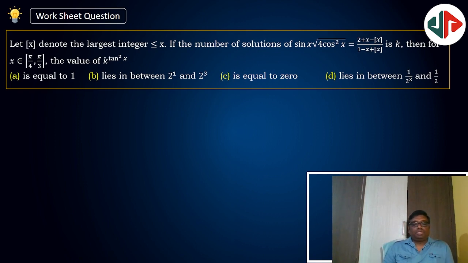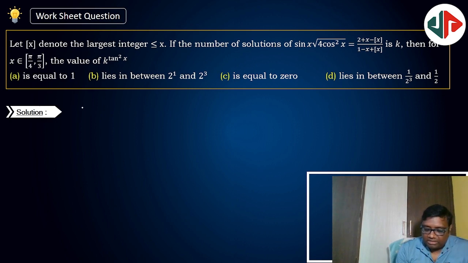Here, the step x value denotes the largest integer less than or equal to x. The number of solutions of this equation is k. Then what is the value of k power tan square x? Let us see one time.